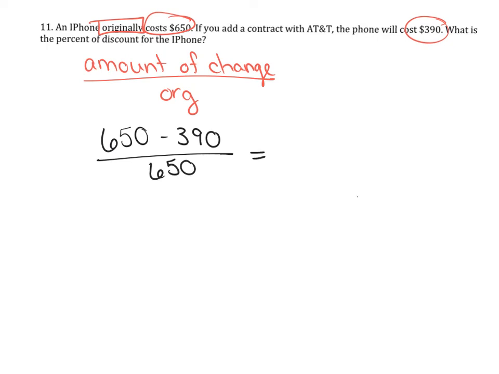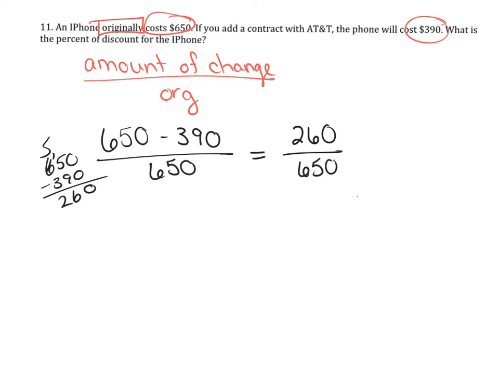So if I simplify this, 650 minus 390, if you need to, go over to the side and work it out. Make sure you're right. Don't just do things in your head. Double check with just working it out real quick. So I have 260 out of 650. Okay, and I could actually simplify that further if I wanted to and say it's 26 out of 65.